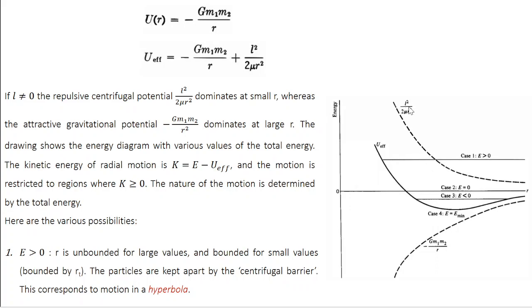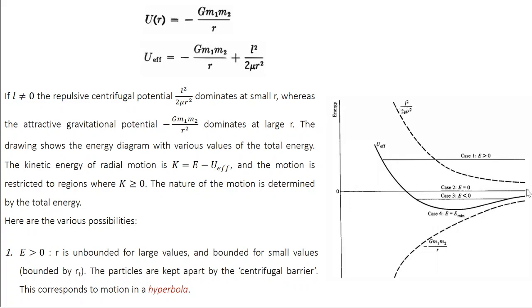Now, if you compare the attractive potential and the repulsive potential, you can notice that when the value of r is small, so basically if you choose any particular point here for a small r, you compare this height and this height, you will find that the height of the repulsive potential is higher compared to the height of the attractive potential. In other words, for small r, the repulsive centrifugal potential is dominant.